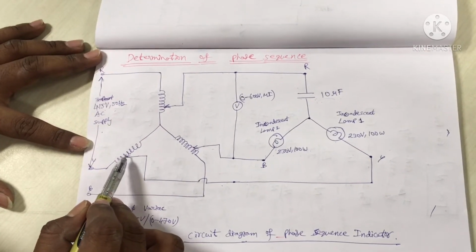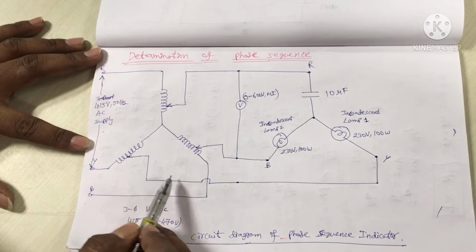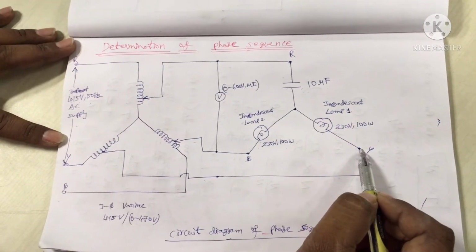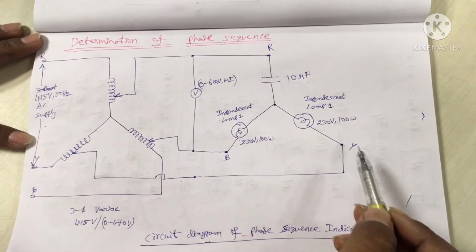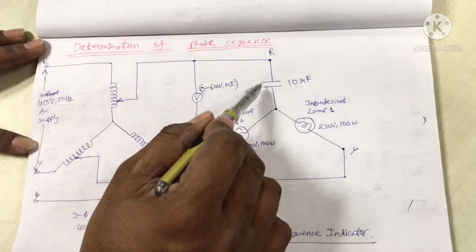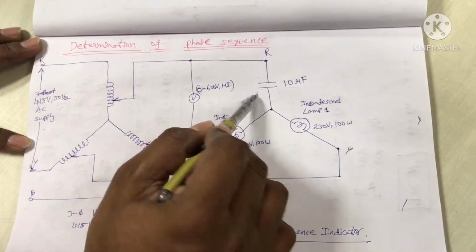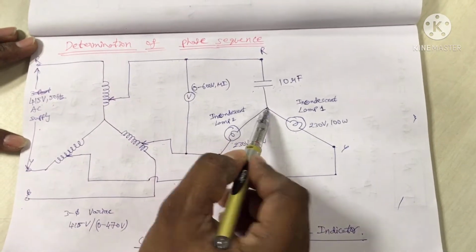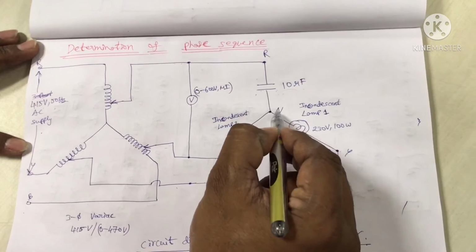Output Y terminal of the 3-phase variac is connected to the incandescent lamp 1 terminal. And then all the neutral points of the 10 microfarad capacitor and two incandescent lamps are connected to one fixed point. It is called a neutral point.